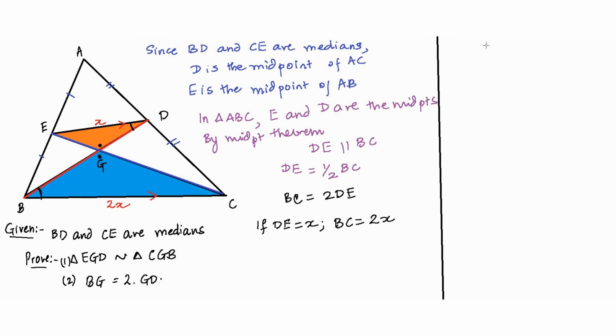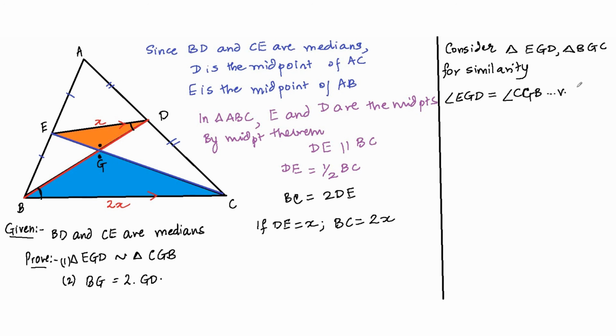What I will say is, I will say consider triangle EGD and triangle BGC for similarity. Now I know that angle EGD is equal to angle CGB because of vertically opposite angles.